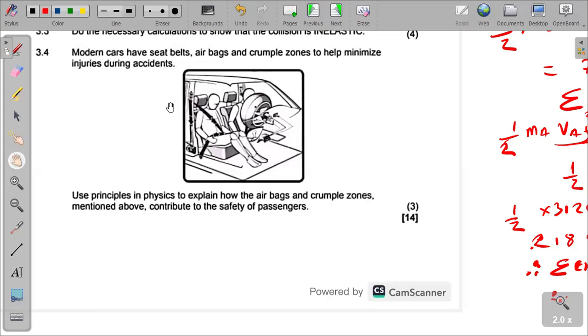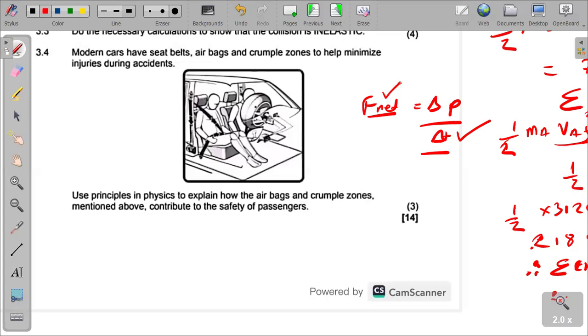And when it increases, this decreases the net force because the two vary inversely. From the equation, F net is equal to change in momentum over the change in time, so time and F net vary inversely. When the time increases, F net will decrease.